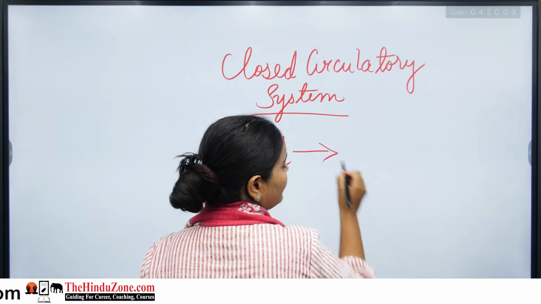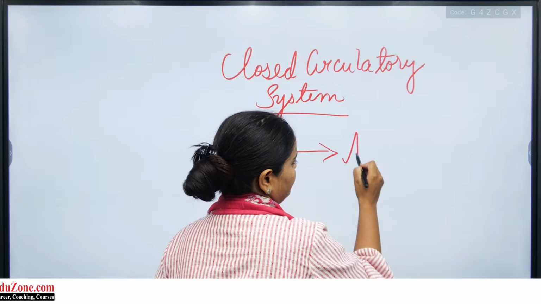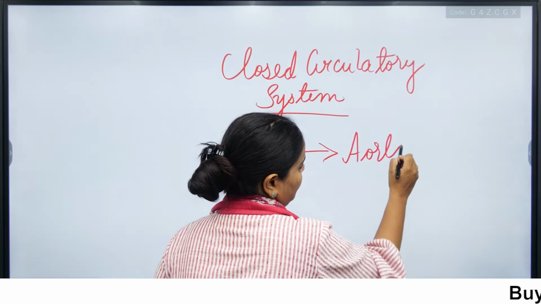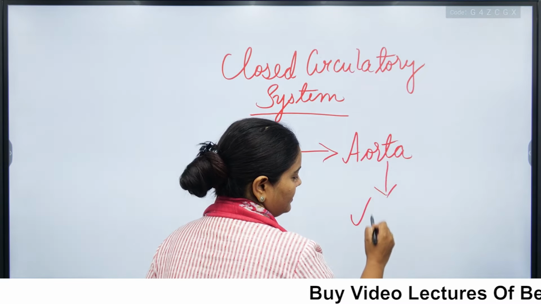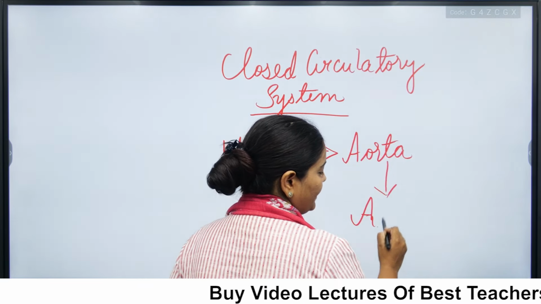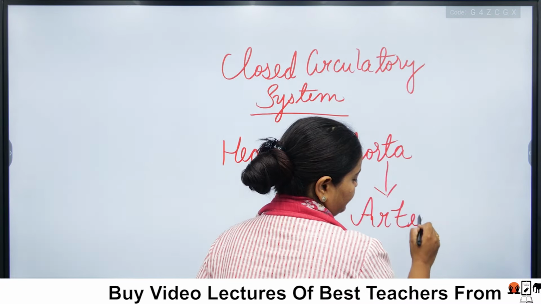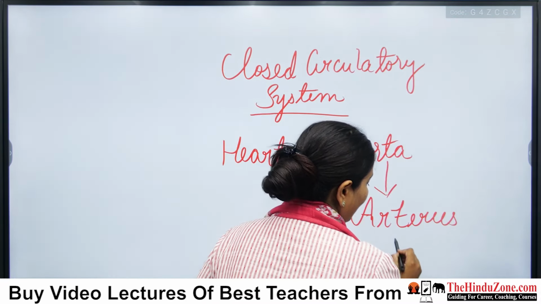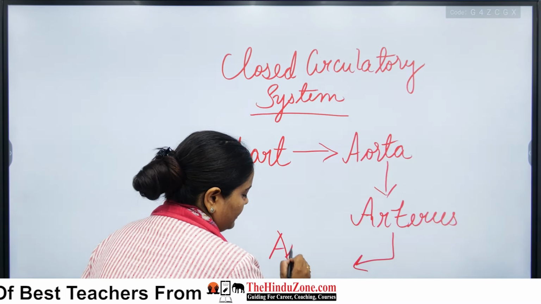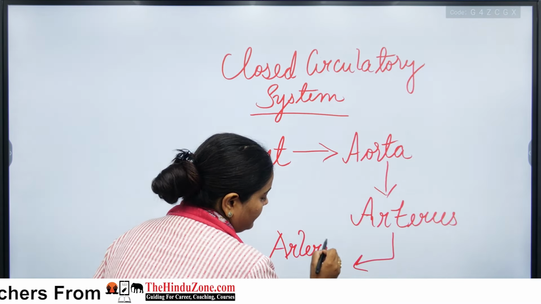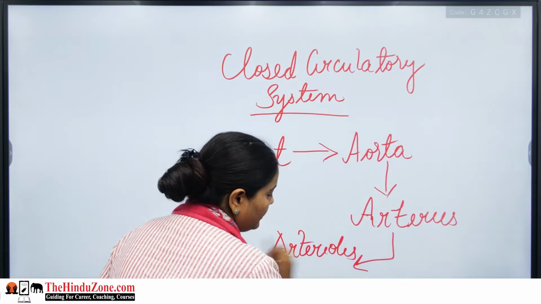Heart se it comes out aorta, and from the aorta it comes out to be finer arteries, right? And from the arteries it comes out to be arterioles, right?